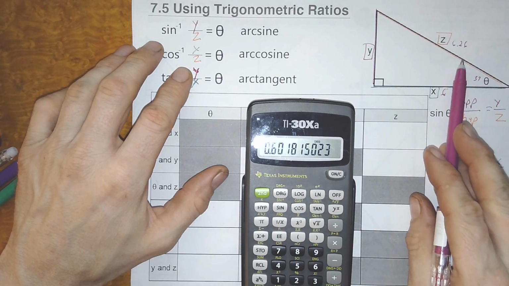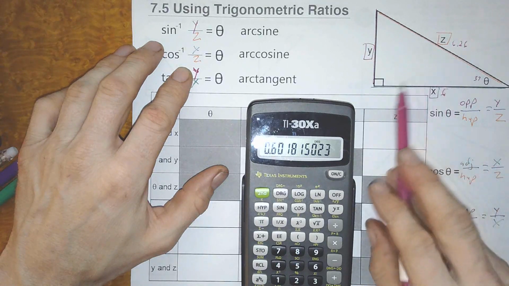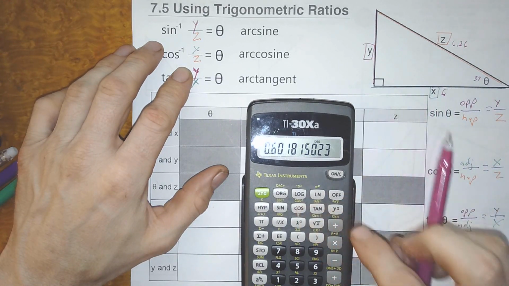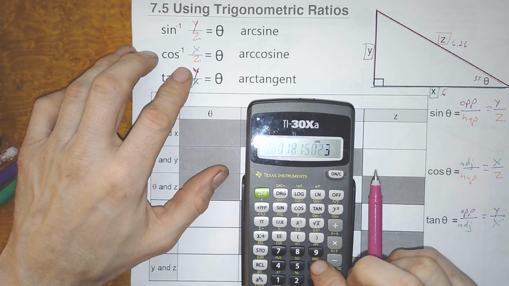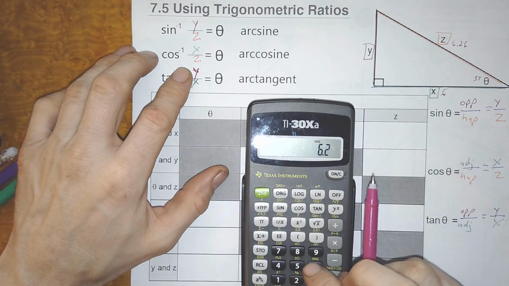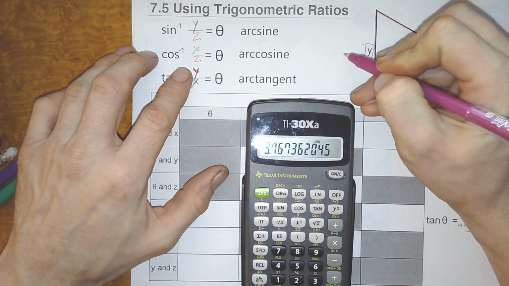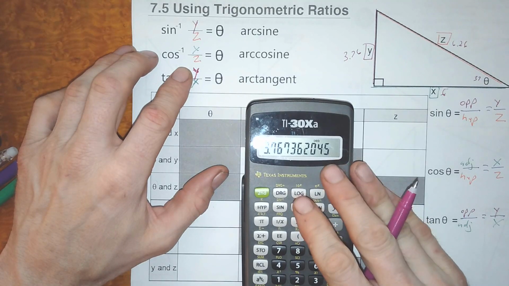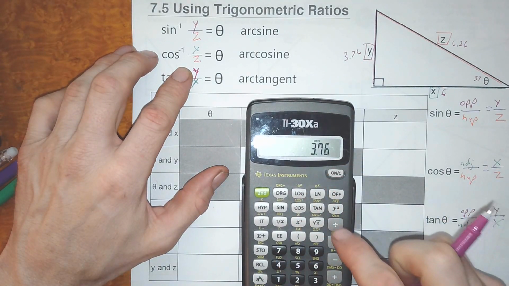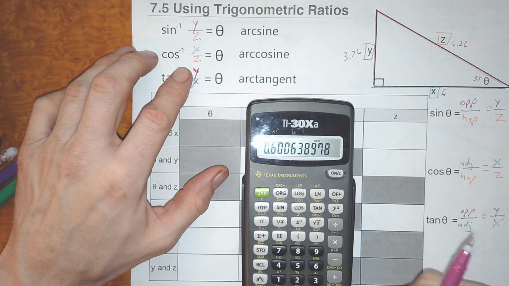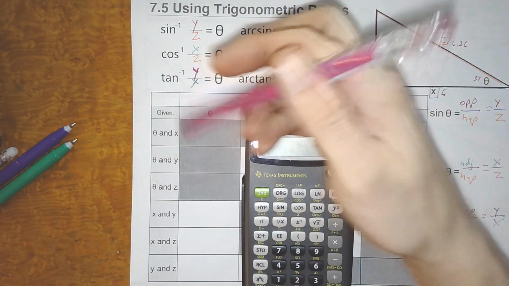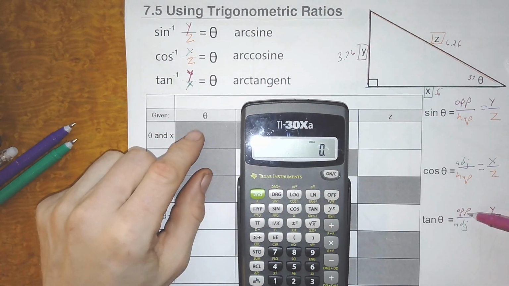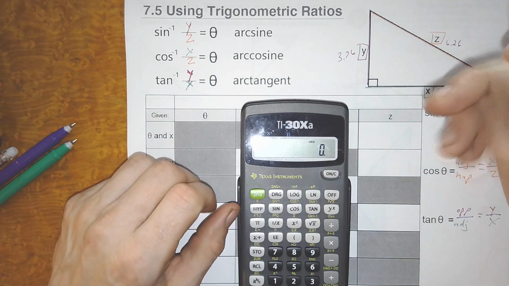Okay, so then I'll multiply this by 6.26. So this will be 3.76. If I go 3.76 divided by 6.26 equals, that's about that, and I'll do the inverse sine. You can see that's about 37 degrees. So that's how you use these arc sines and sines to figure out all the parts of that.